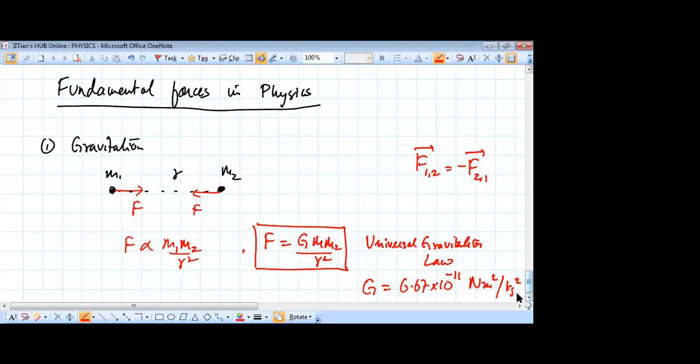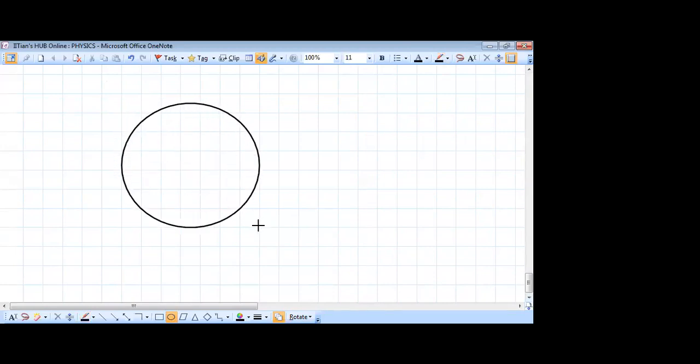So for example, in everyday life, the weight of a body that you experience on the surface of the earth is because of this same type of force. But there, who's applying the force on the body is the earth's mass. So the earth, as you know, is treated as a giant sphere. So if this is the earth, which has a mass of, let's say, ME and a radius of RE.